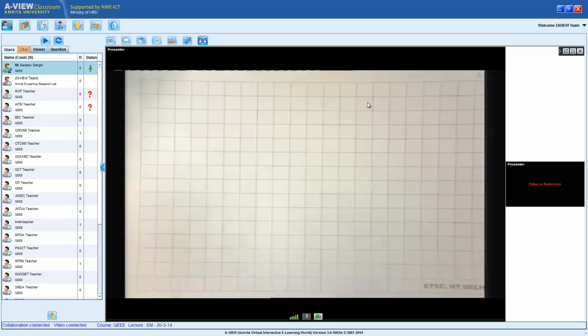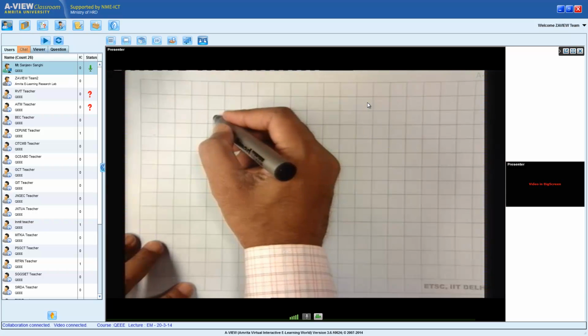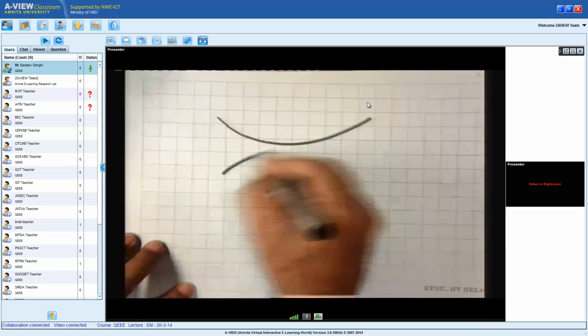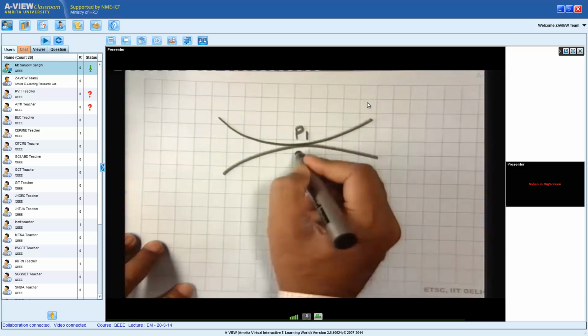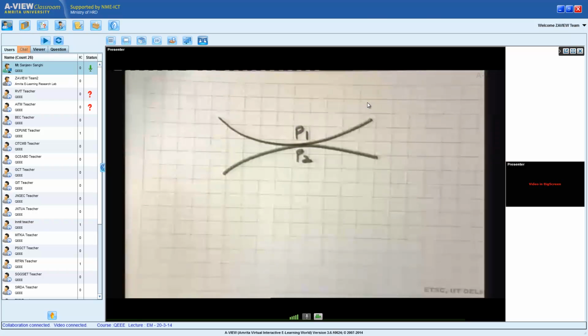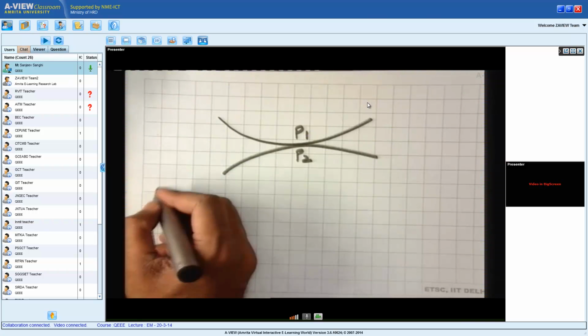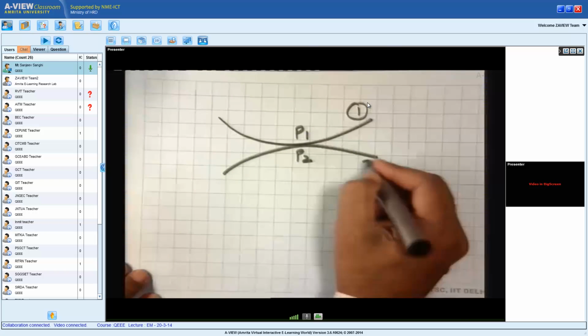Now let me explain in terms of these two contacts. Once again we had P1 and P2 on the two bodies. Suppose P1 is on body 1 and P2 is on body 2.